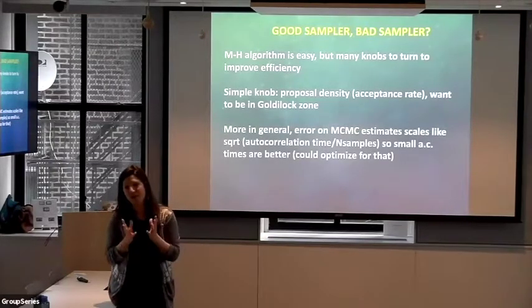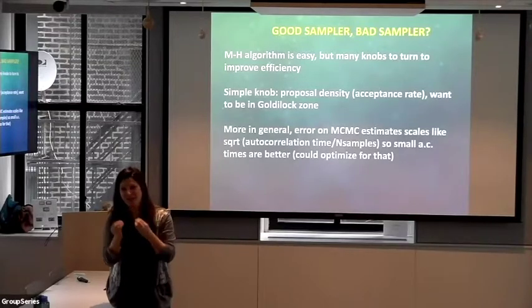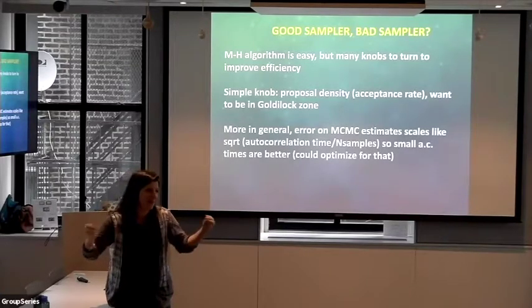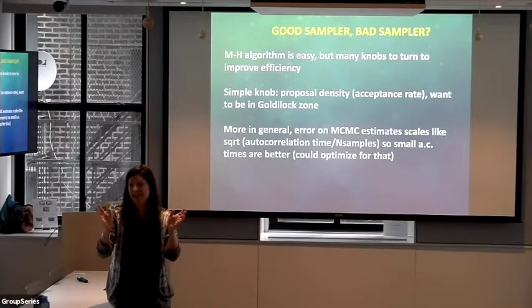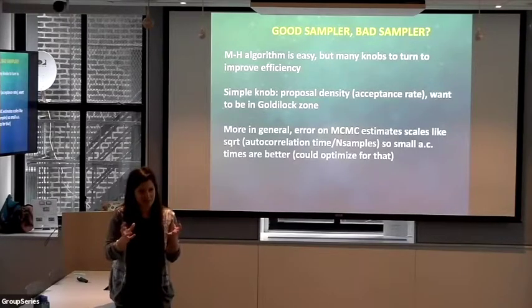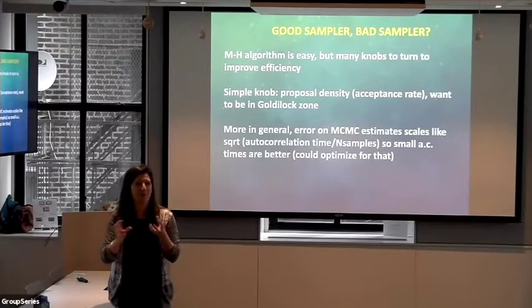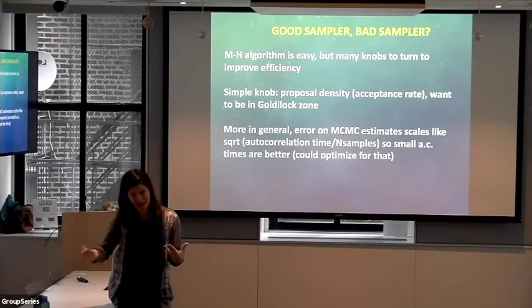The problem is that the autocorrelation time is not very easy to compute, because you need to have the whole chain before you can calculate it. And actually, on short chains, your estimate of the autocorrelation time is very unreliable. Because of that, it's very difficult to do optimization while you're running the chains.